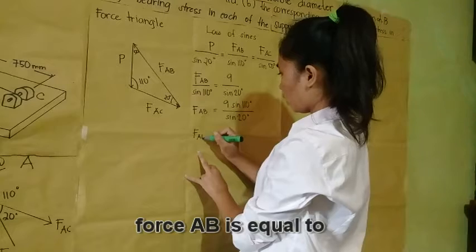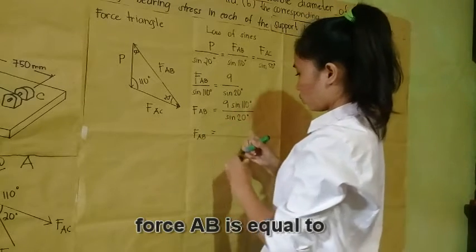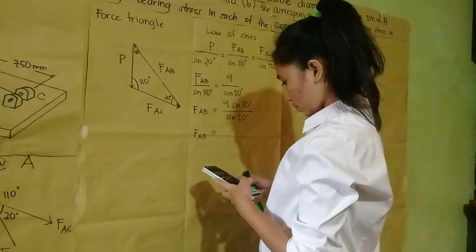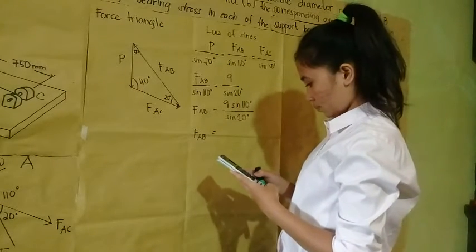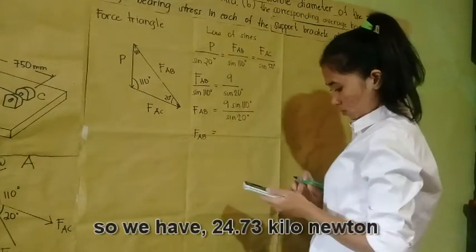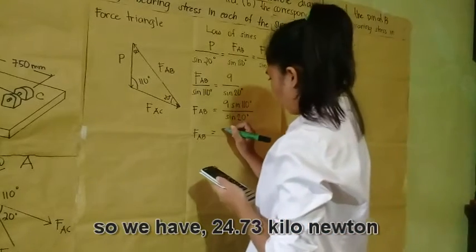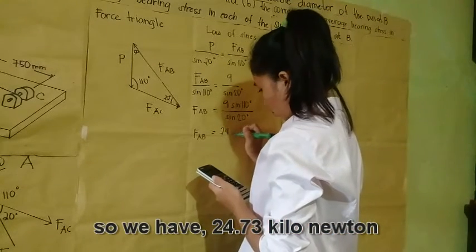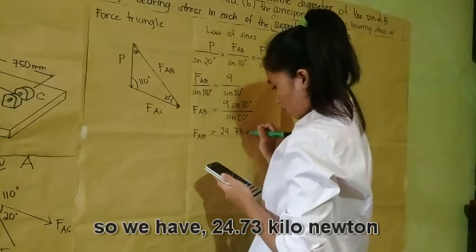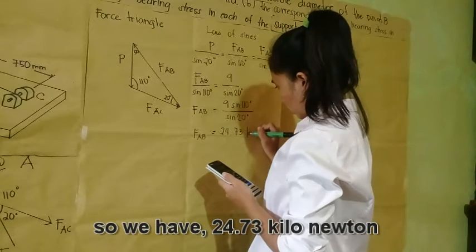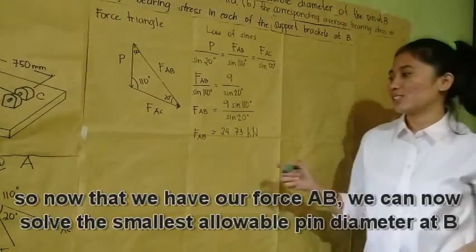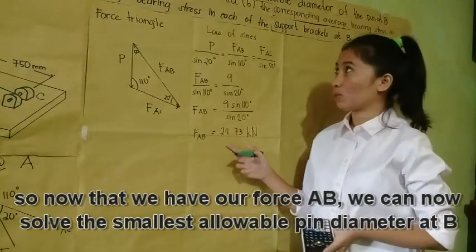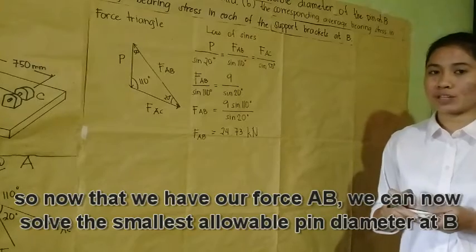Force AB is equal to 24.73 kilonewton. So now that we have our force AB, we can now solve the smallest diameter at pin B.